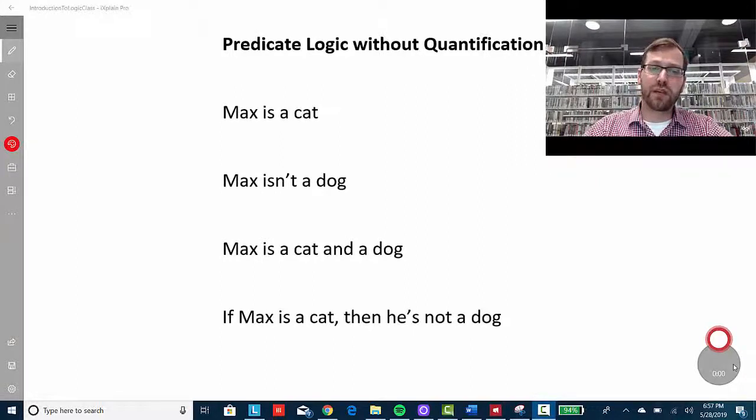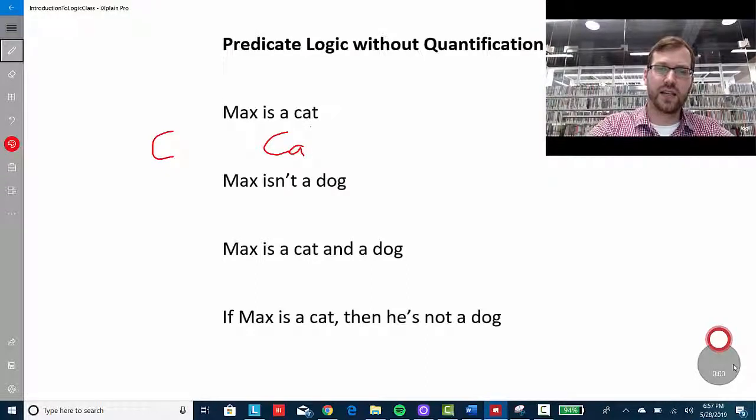All right, so here we have, again, 4 sentences. Max is a cat, Max isn't a dog, Max is a cat and a dog. If Max is a cat, then he's not a dog. What we would have done just in propositional logic is for Max is a cat, we might represent that just as the capital letter C. But when we start introducing predication, we will have a predicate, in this case, cat, with parentheses, and then that predicate takes an object as its argument, something in between these parentheses.